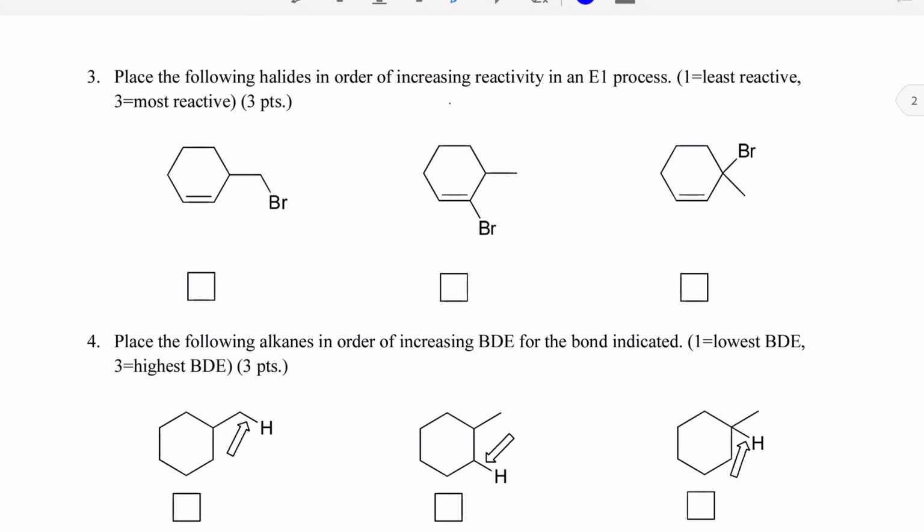For number 3, we are asked to place these halides in order of increasing reactivity in an E1 process.